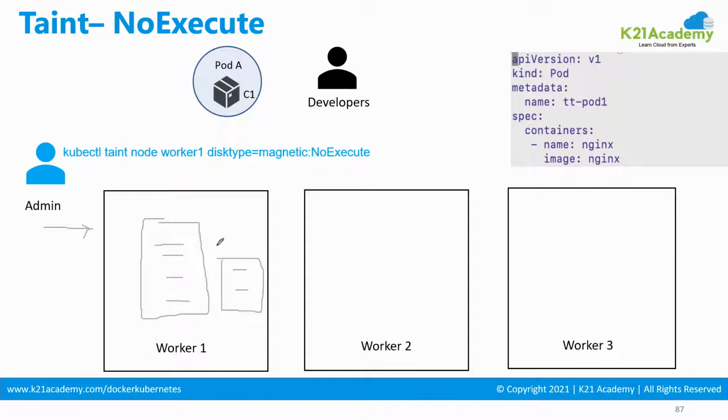You can write a rule for the eviction, so that automatically all the pods get distributed to other worker nodes. Then there will be no traffic to worker one. You complete the maintenance work and then start deploying new deployments on this worker one. That is the case where we use it.